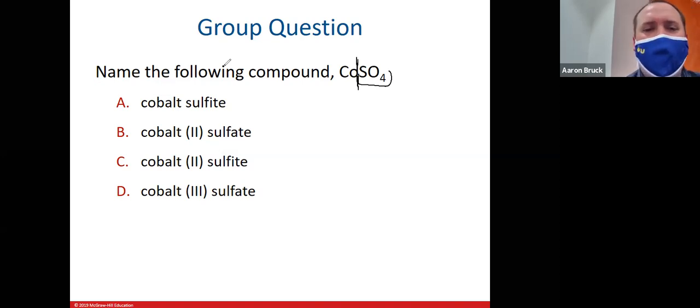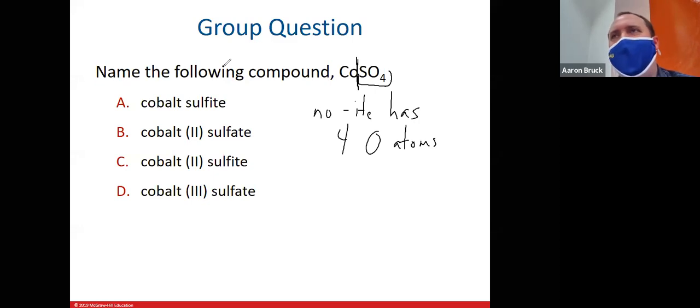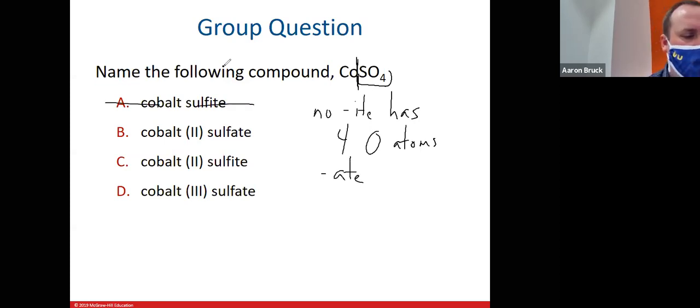One hint I can tell you, there's not a single ITE polyatomic ion with 4 oxygens. They don't exist. So we know from that logic that this has to end in ATE. So letter A is out.